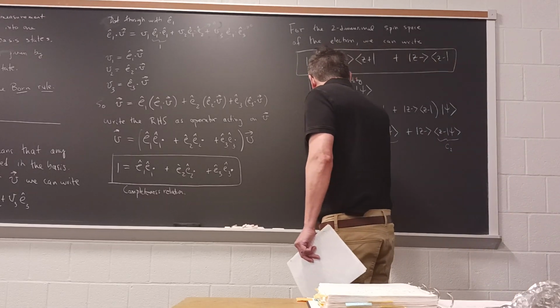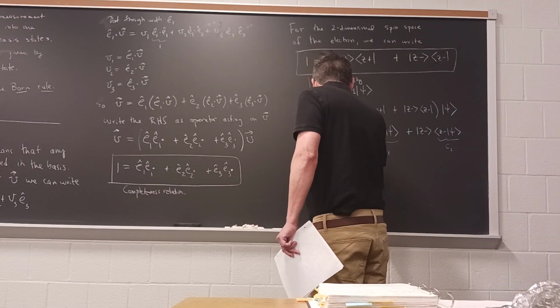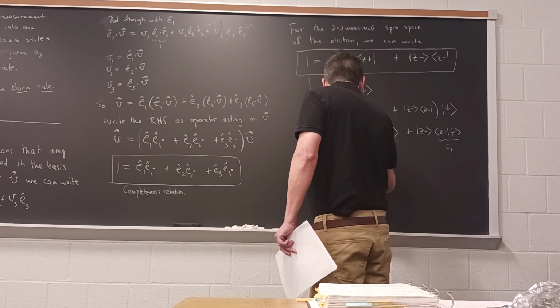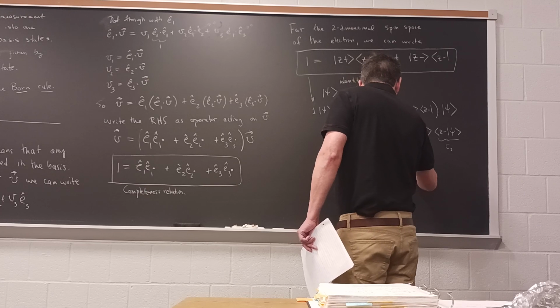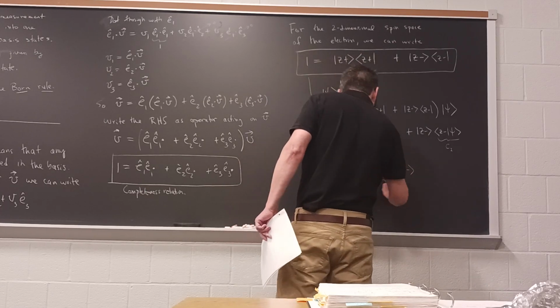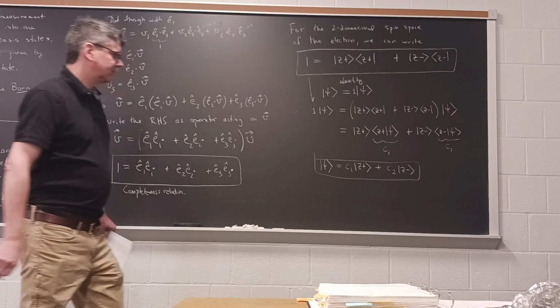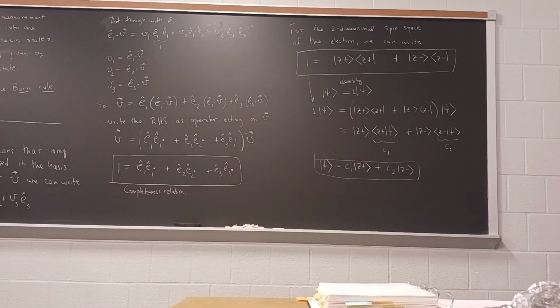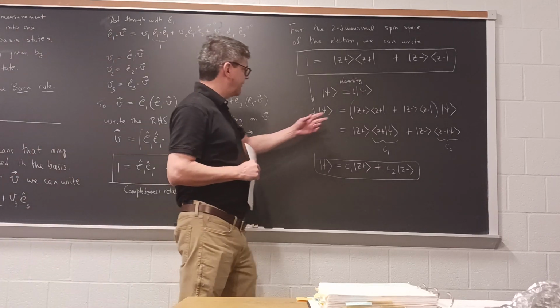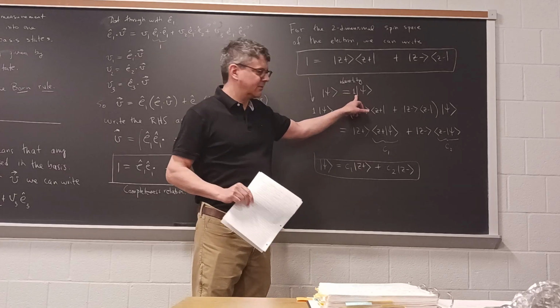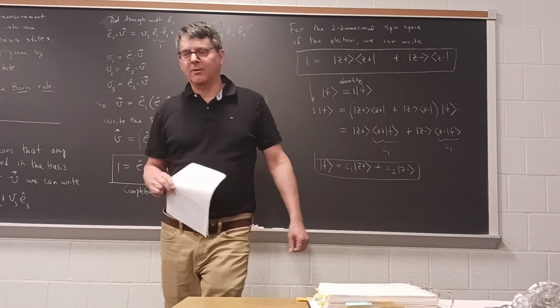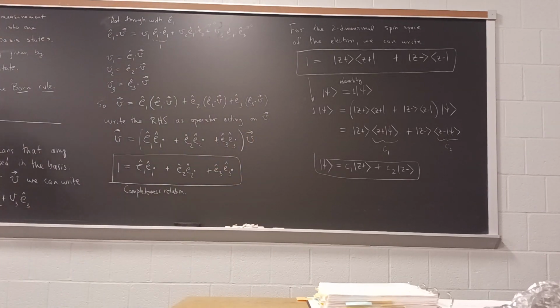So we have psi is equal to C1 Z plus, plus C2 Z minus. Okay, so this is just notation, but it's a really common trick to use when you're doing quantum mechanics. So you'll see it very frequently.